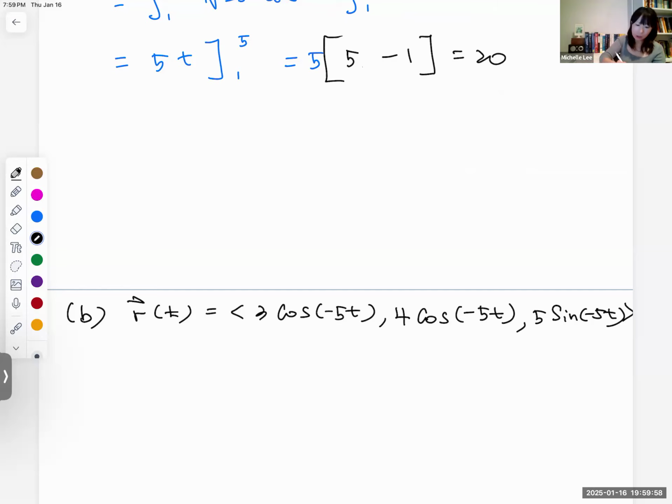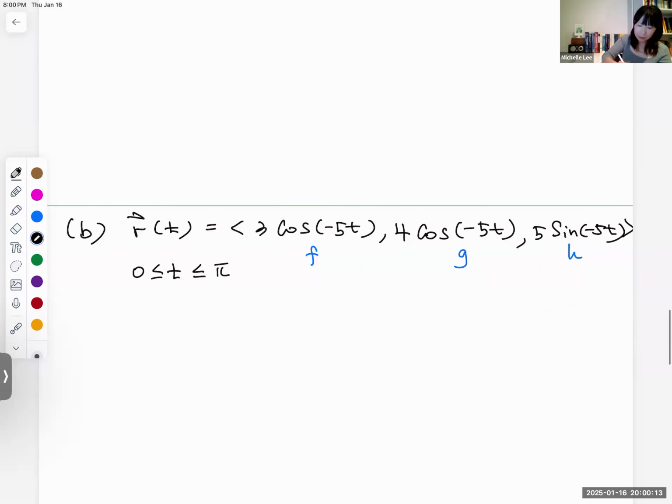We can express this as f, g, h of t, between 0 and pi. So we have f of t, which is 3 cosine negative 5t. Then f prime of t.